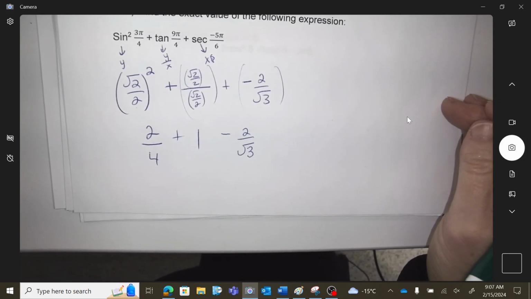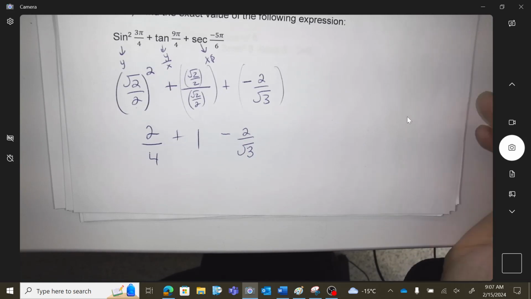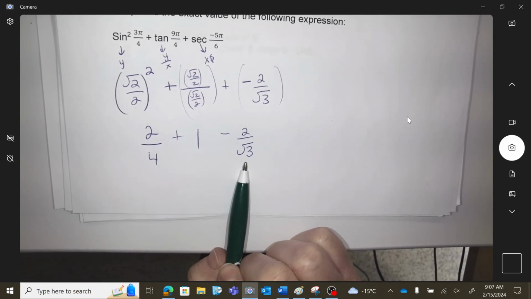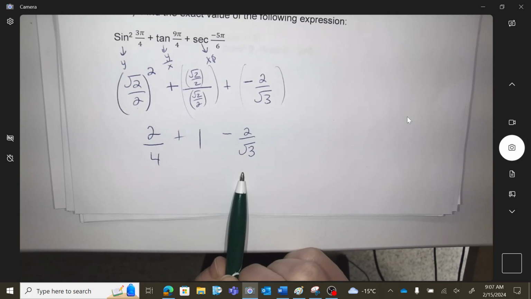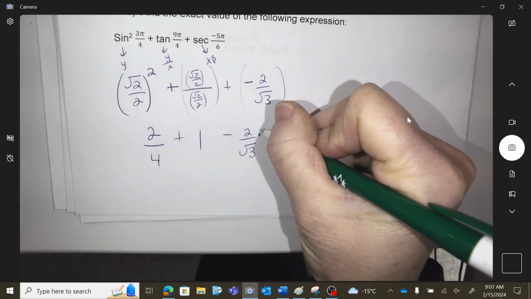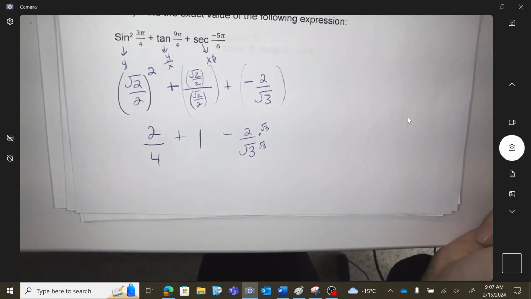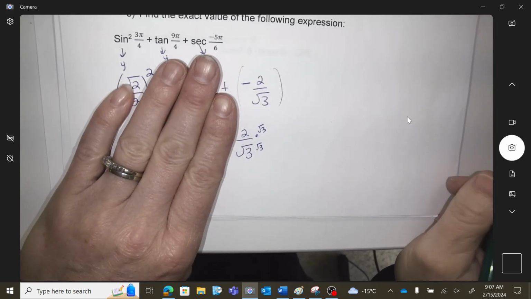Okay. Now, here's what you're going to do. In grade 11, you learned this strategy. I can't have a radical on the bottom. Can't do that, to add stuff together. So we did this in grade 11. We times everything on that fraction by root 3.